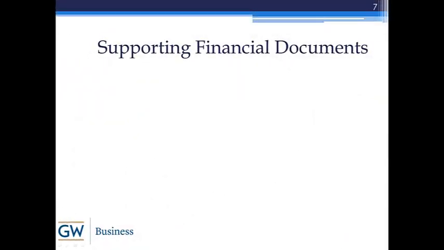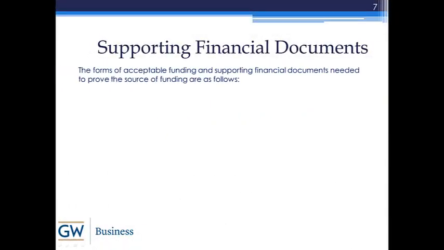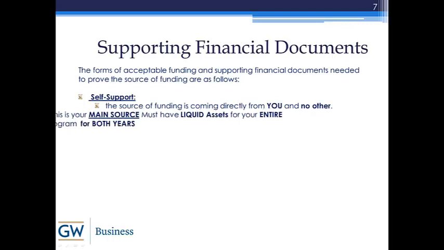The forms of acceptable funding and the supplemental financial documents needed to prove the sources of funding are as follows. Self-support. Self-support means the funding is coming directly from you and no other. If this is your source of funding, you must provide documentation proving you have enough funds for each year of your program in the full amounts that you indicated.